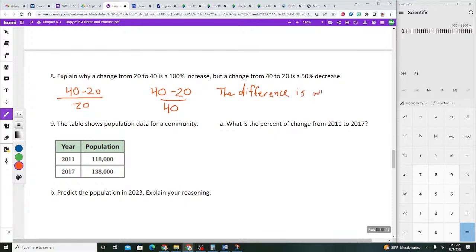We are dividing by different denominators.